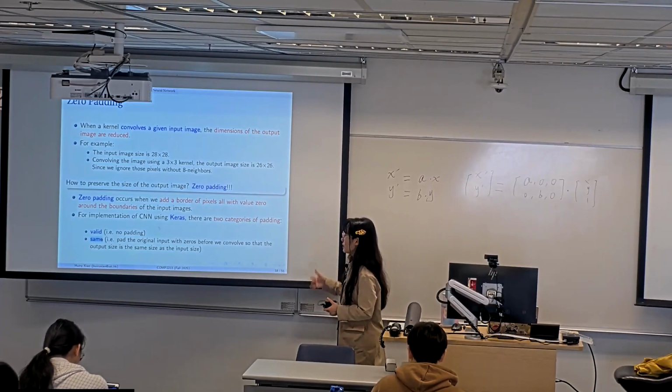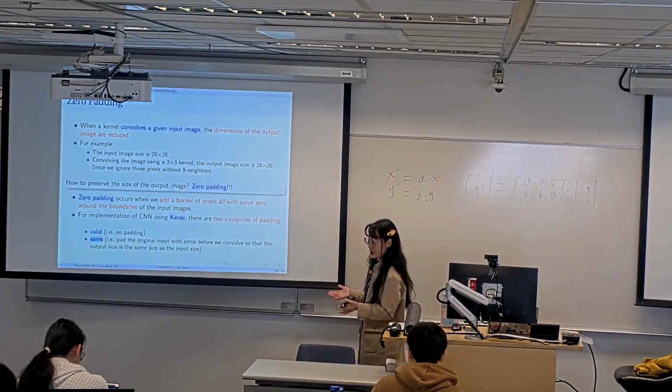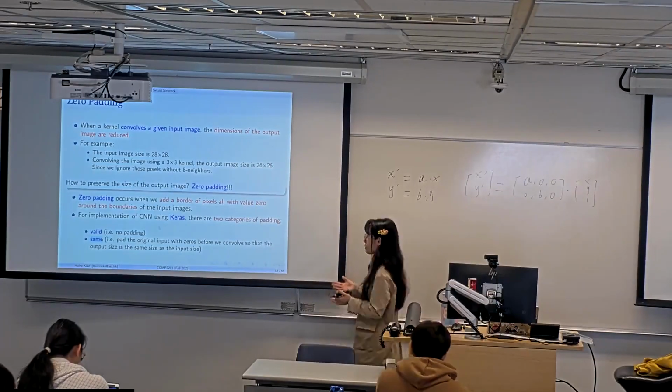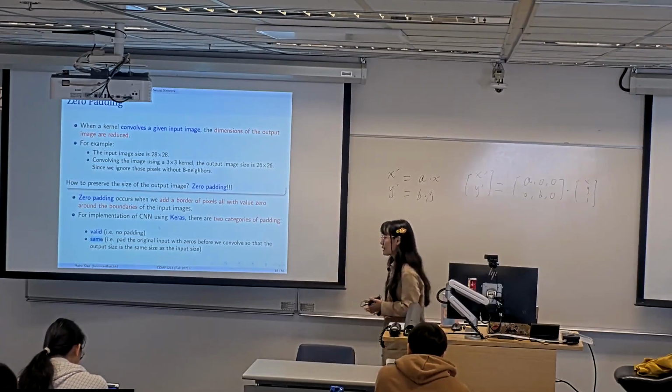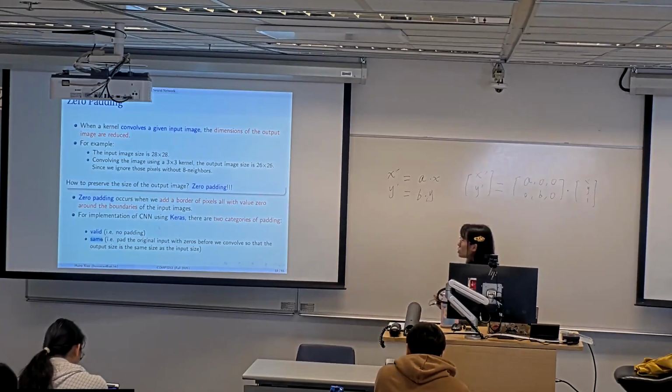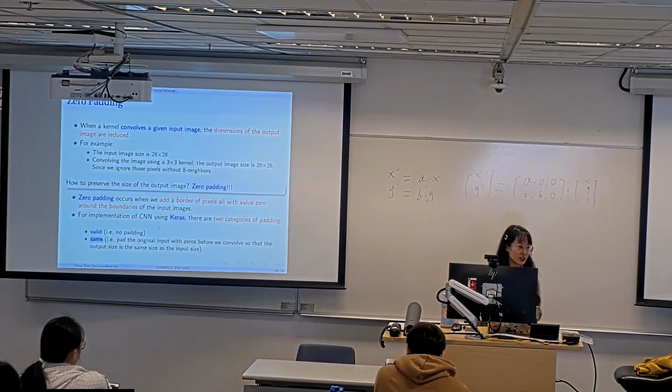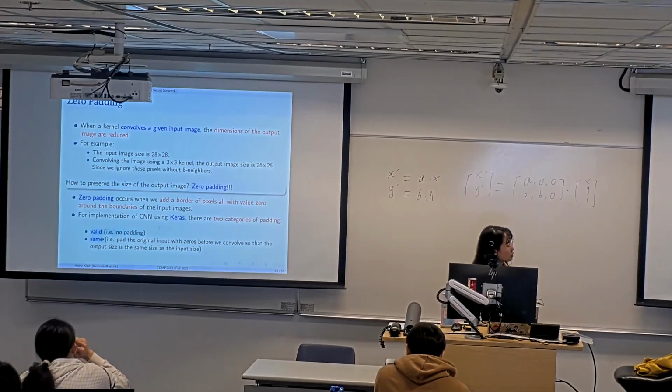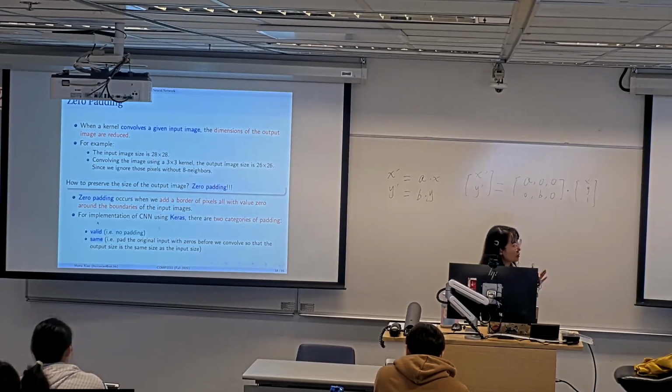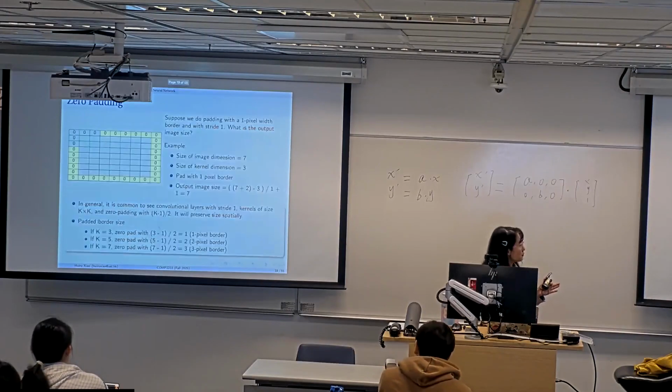If you let it be same, then it will automatically calculate what should be the number of pixels to pad so that the output size is the same as the input size, because it depends on the kernel size, right? So you can specify the argument padding to be these 2 possible values, depending on whether you want to apply padding or not.